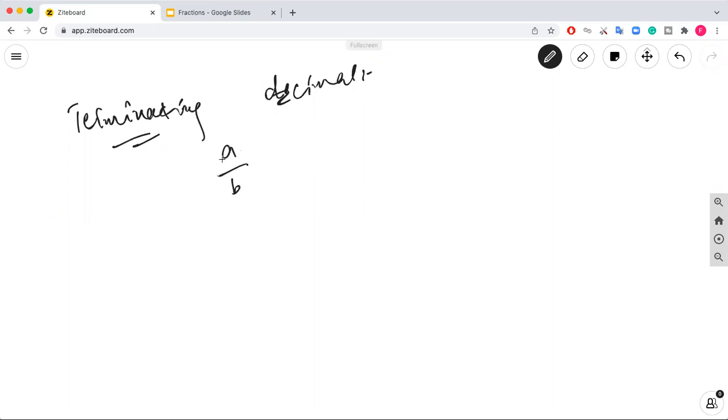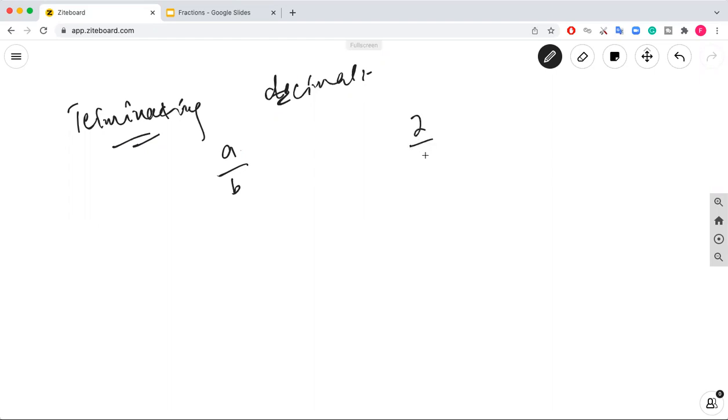First one is terminating decimals, or terminating fractions. Let's suppose we have a fraction. Remember, in case of terminating decimals, and even in the recurring decimal, always first reduce the whole fraction into its least form.